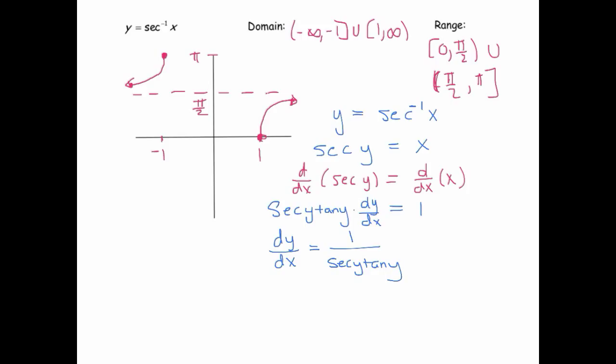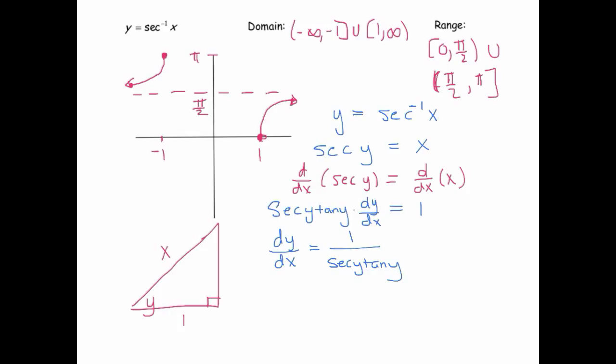And again, we want to express this in terms of x, not y. So we'll draw a triangle. And the secant of y is x, so y is an angle. And if the secant of y is x, that means that the cosine of y is 1 over x, which means that I must have a 1 here and an x here.